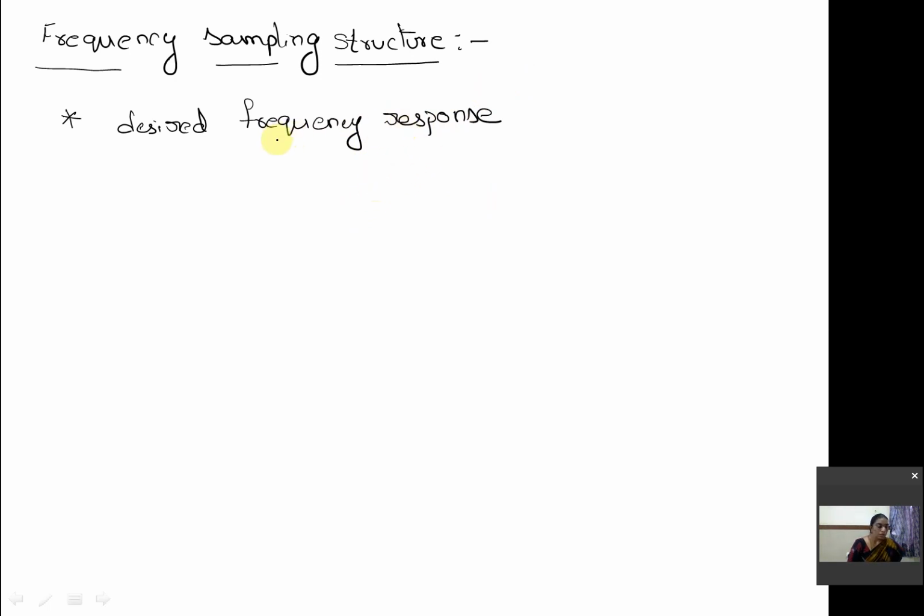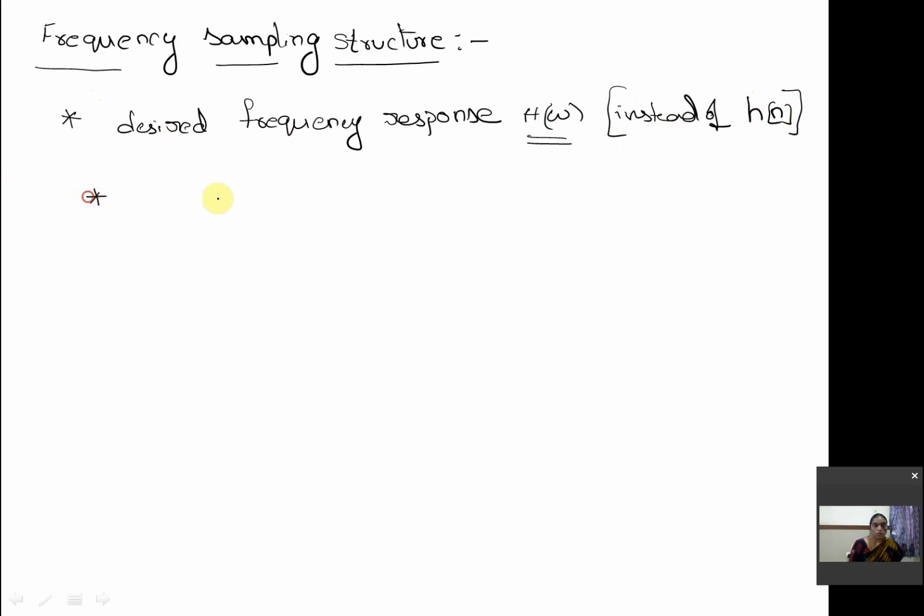So here the desired frequency response is H of omega instead of h of n. Just consider this H of omega.